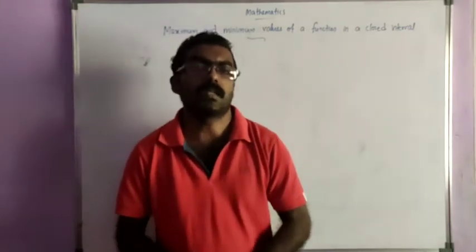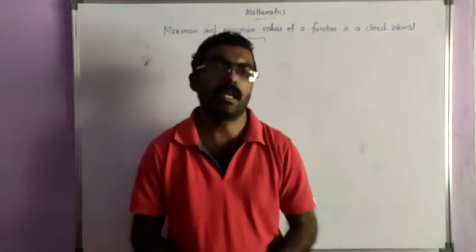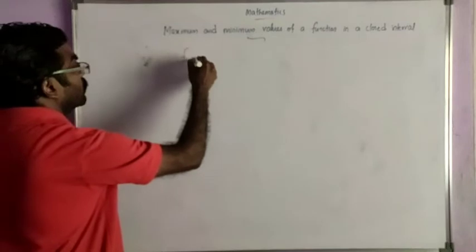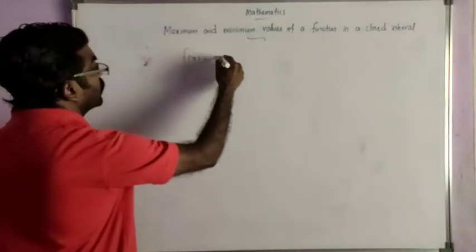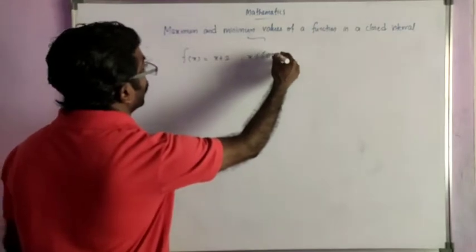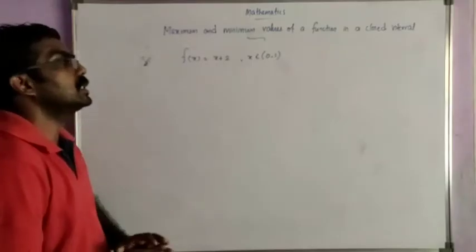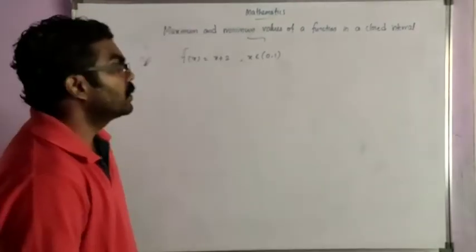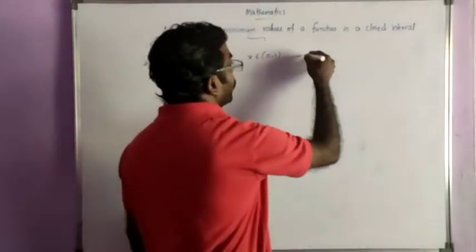Okay. Let us consider a function f given by f of x equal to x plus 2, x belongs to the interval 0, 1. That means the function is defined in an open interval 0, 1. So here we can draw a rough sketch of the function.